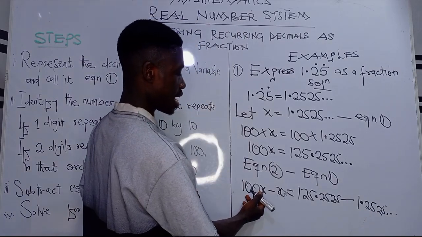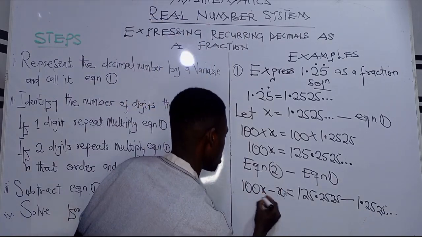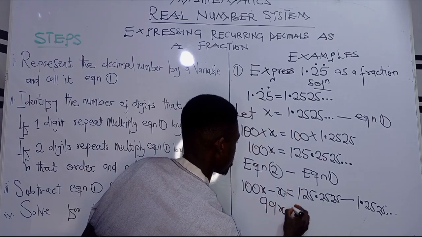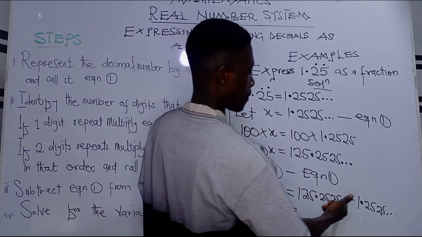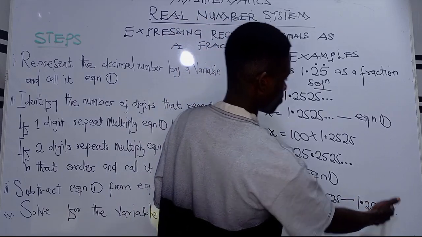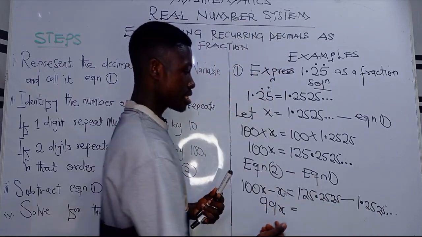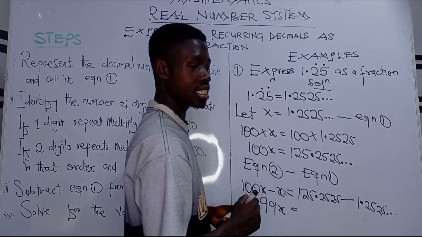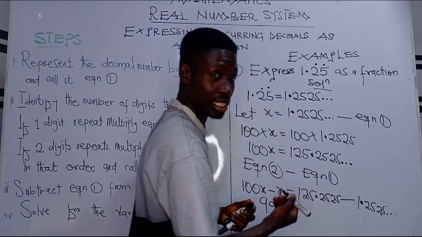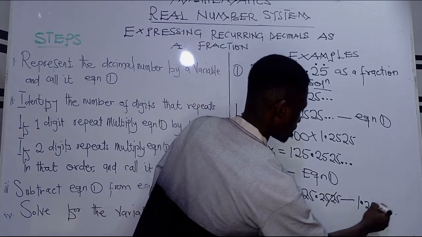So we have 100x minus x will give us 99x. Then 125.2525 minus 1.2525. Now, since the number 25 recurs or repeats infinitely, when you subtract them, they will go to 0.